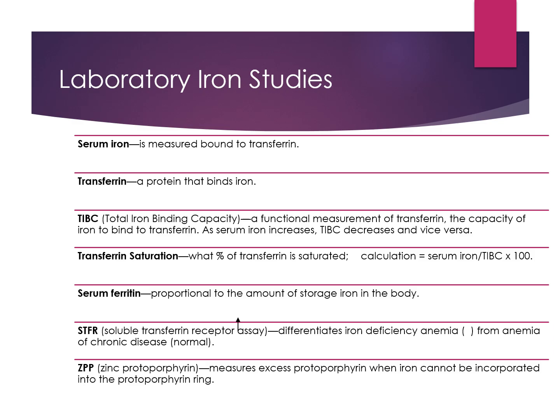And then we might look at a total iron binding capacity, also known as a TIBC. It's a functional measurement of transferrin and the capacity of iron to bind to transferrin. So this has an inverse relationship to iron.